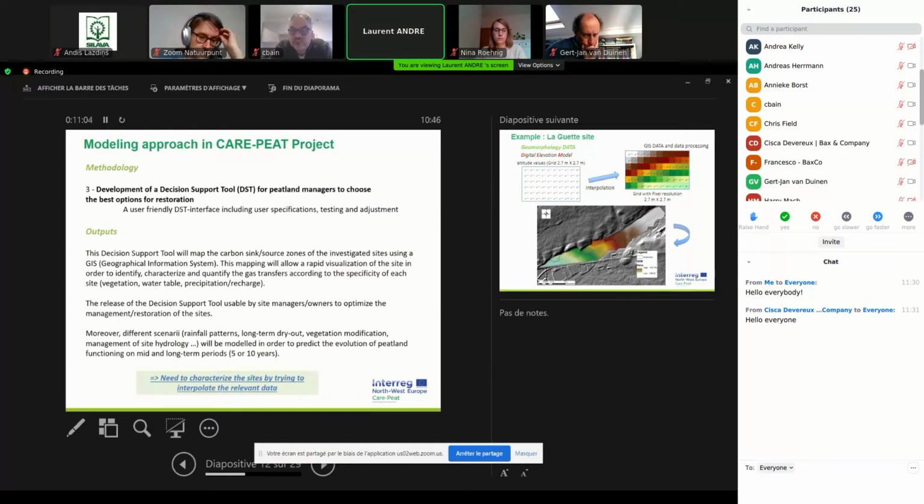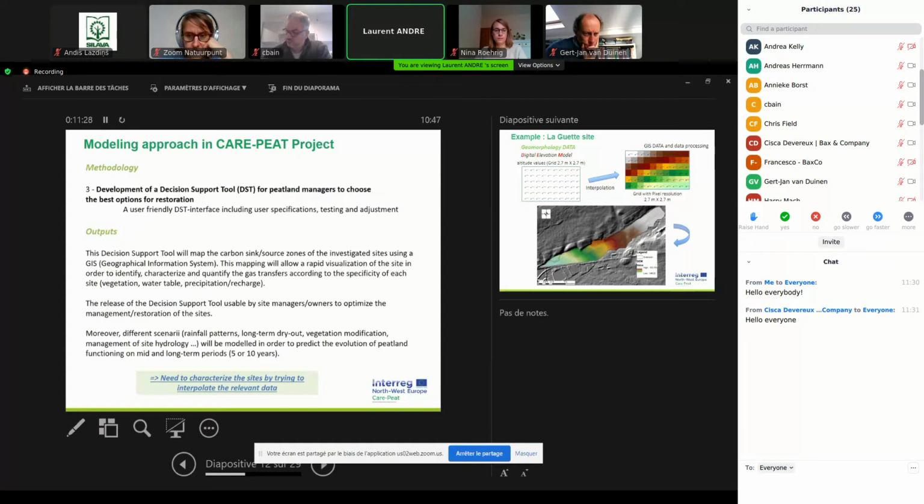And what we want to propose is something with a rapid visualization of the site in order to really identify the different parts of the peatland and which zones have some emission and where we have some absorption of carbon.